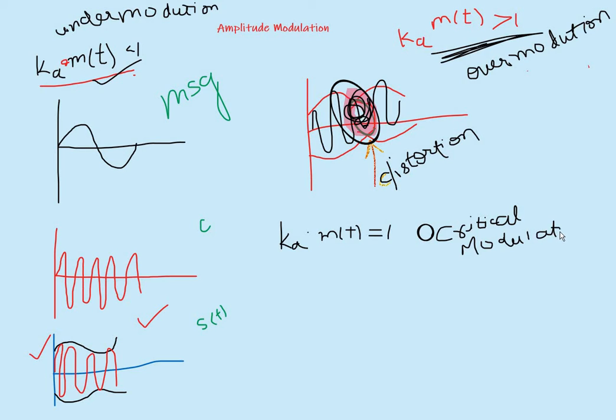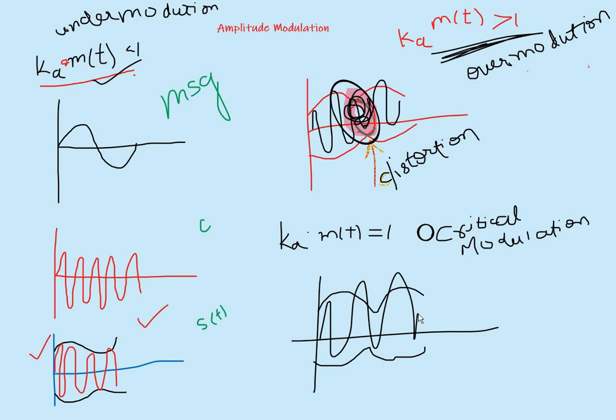So what happens in the case of critical modulation? We have a signal over here, and the moment our message signal ends, the new signal starts. So this is what critical modulation is about.